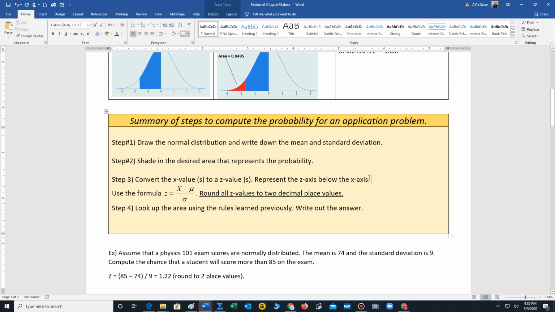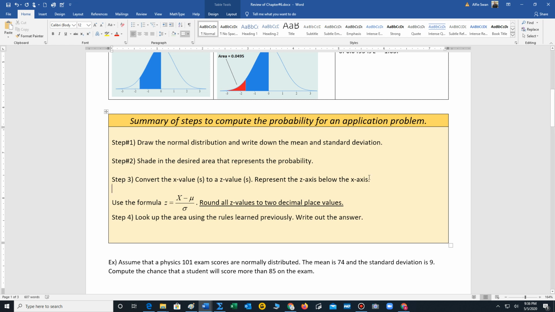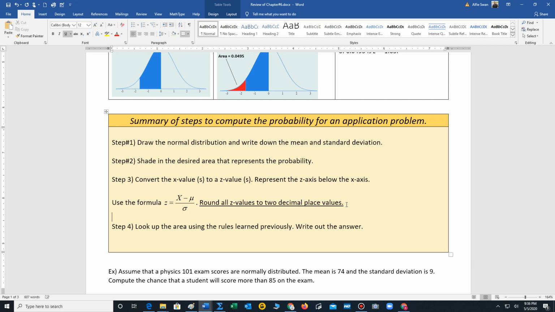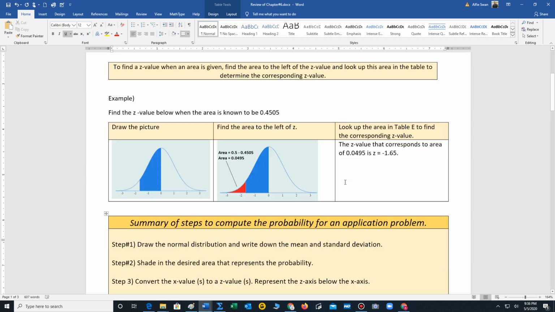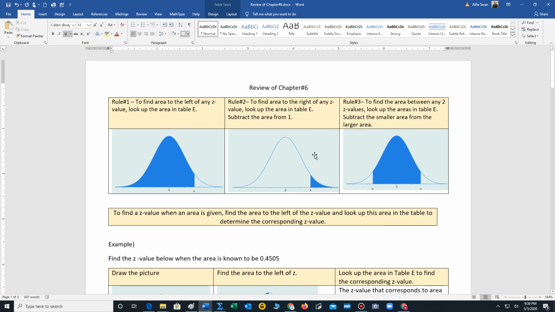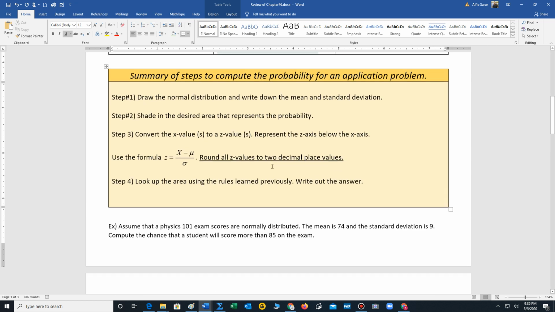We convert x values to z values, and we represent a z-axis below the x-axis. And then we will use the formula z equals x minus mu over sigma to make this conversion. Always round to 2 decimal places. Finally, we use the rules that we learned in 6.1 to find that missing area.